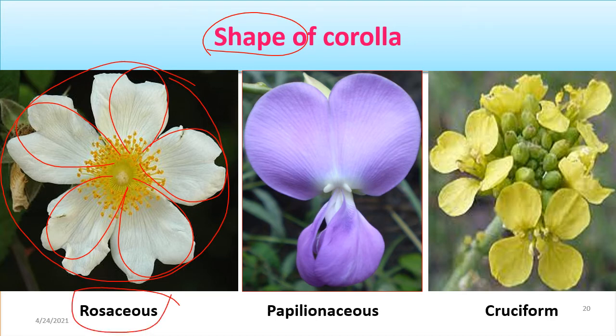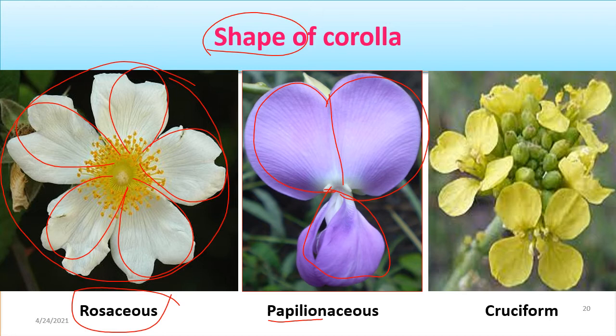If you look at this second picture, it resembles a butterfly. Actually, papilio is a word from the Latin language, which in English means butterfly, and due to this, the name given to this corolla is papilionaceous.